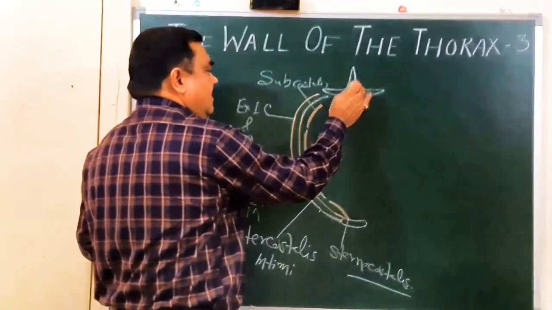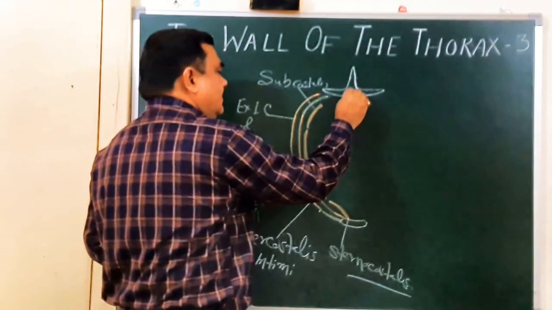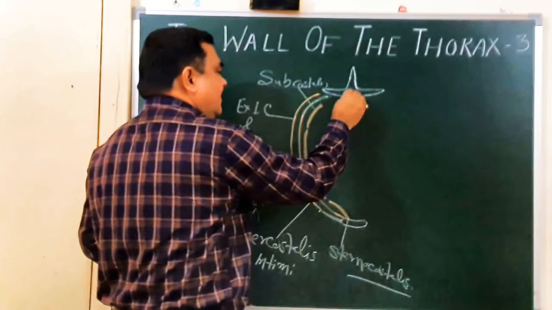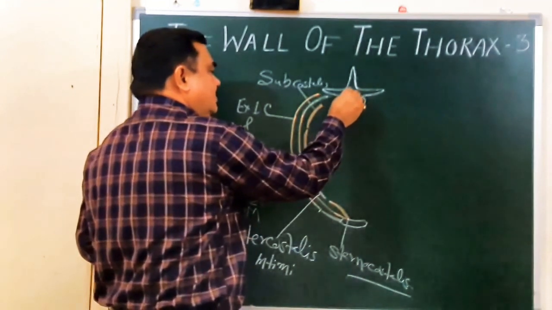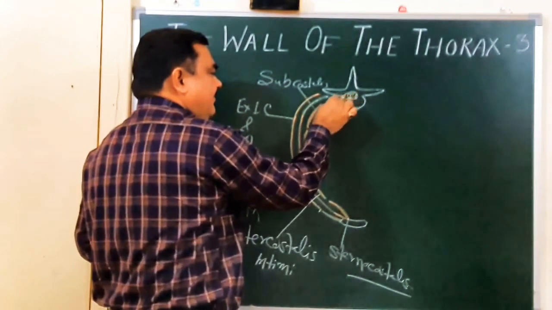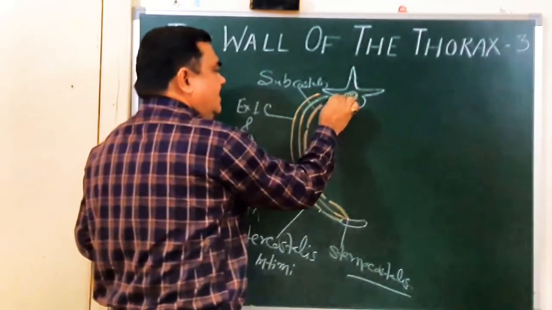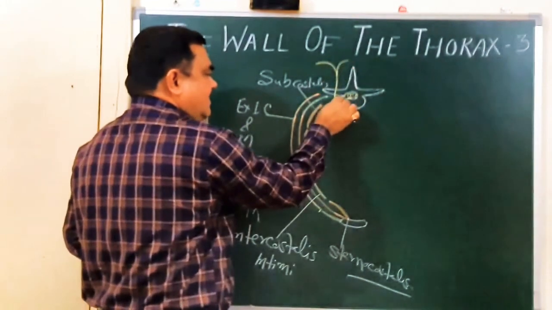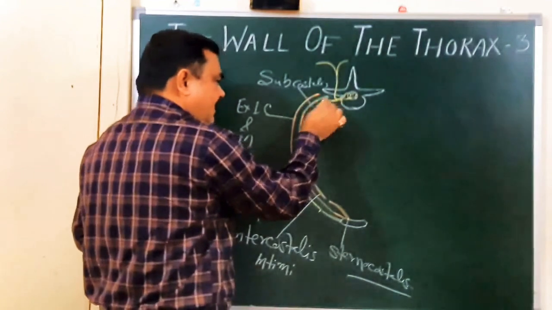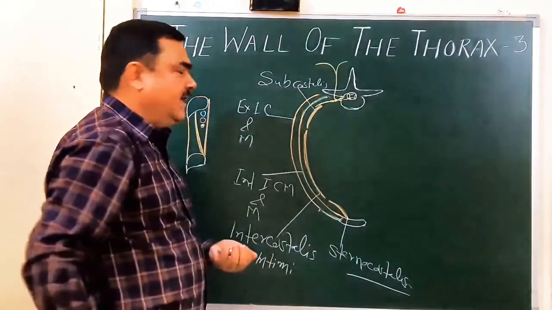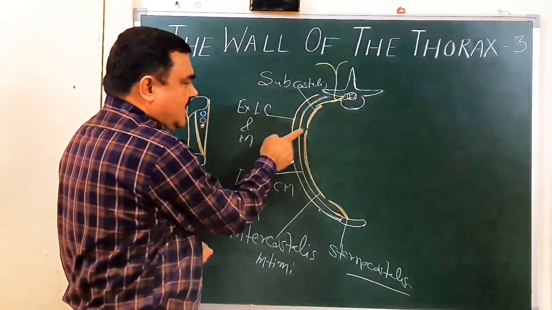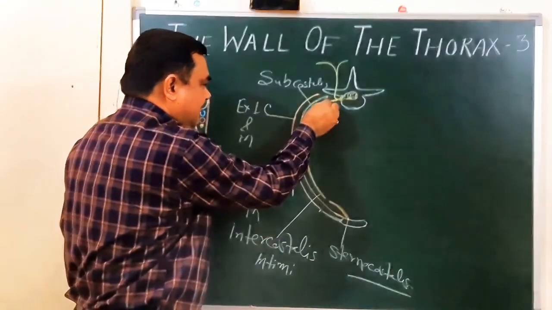Here lies spinal cord. This is ventral root, this is dorsal root of the spinal cord. This is nerve, this is spinal nerve. It gives dorsal ramus. This is ventral ramus which passes between second and third layer. That means it passes between the internal intercostal and transverse thoracic muscle here.